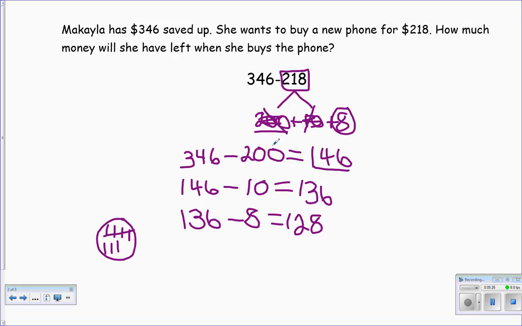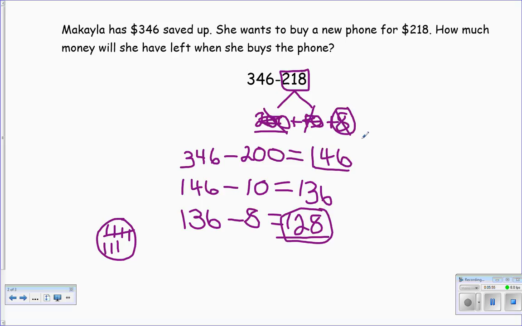So I've dealt with my hundreds, I've dealt with my tens, and I've dealt with my ones to subtract, and I'm left with 128. So the solution to Michaela's problem is if she buys the phone for $218, she will have $128 left.